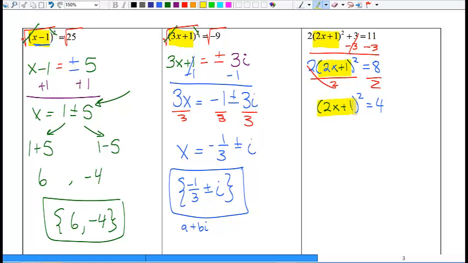Now the expression is squared. Step 2 says once it's in the correct form, you're going to take the square root of both sides. Step 3 says you must put the plus or minus on the very next step. Now the square and the square root undo each other. That's why we took the square root of both sides to get 2x plus 1, from the radicand, equals plus or minus the square root of 4.